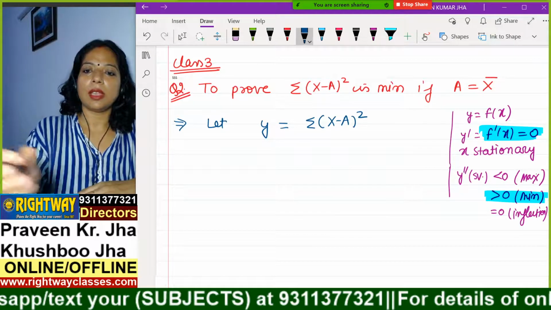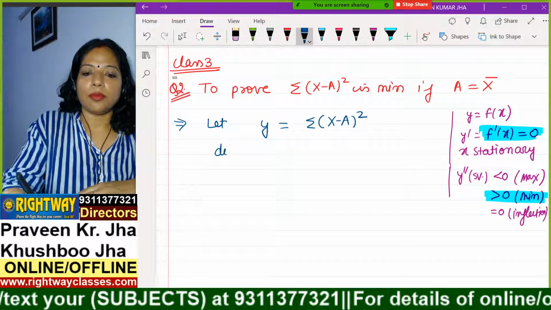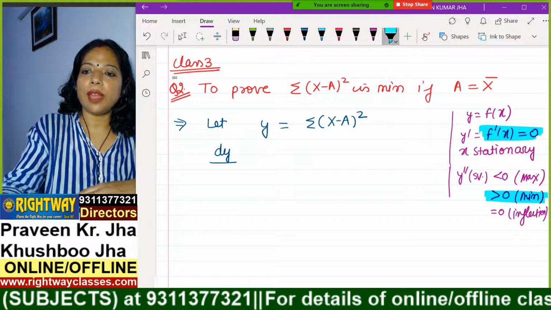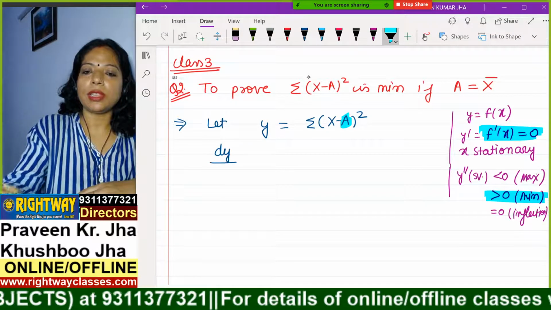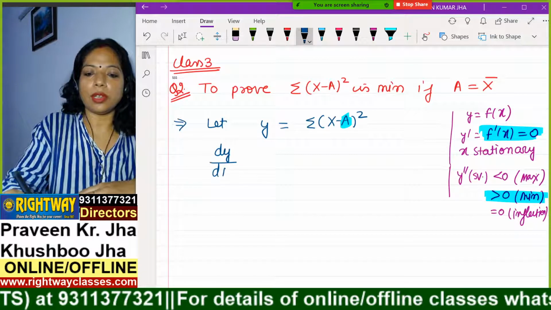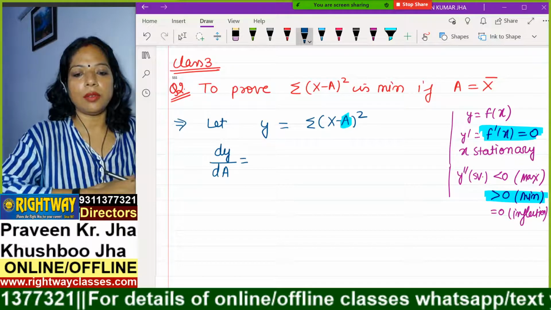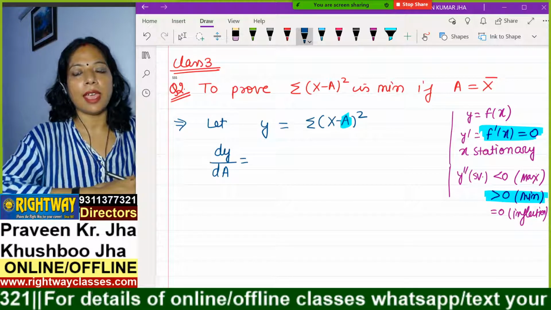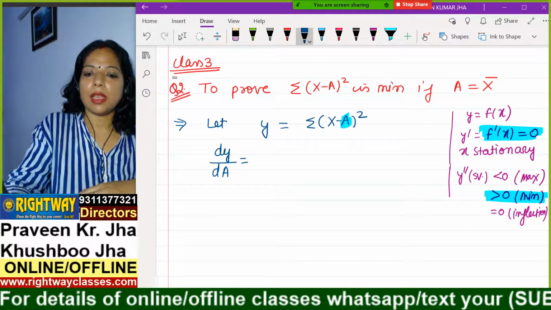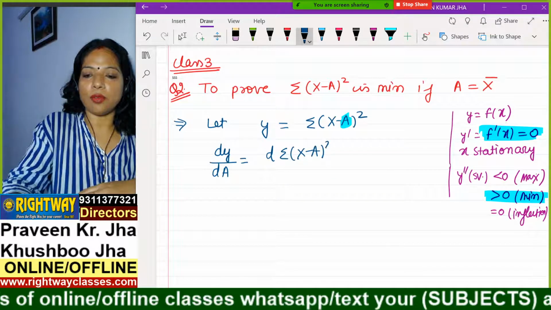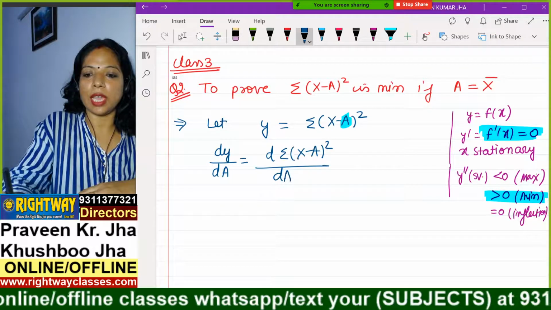Okay, so see here, we will find dy by, with which variable do we have to find it? With a. So we will find dy with respect to dA. Now see, we will differentiate d of summation (x minus a) whole square with respect to dA.